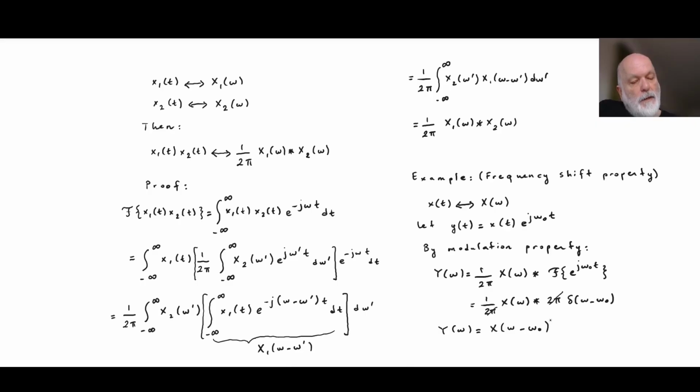So as the name implies, we have a frequency shift. If the Fourier transform of the signal x of t is x of omega, when you multiply x of t by the complex exponential signal e to j omega 0 t, all frequency components are shifted by an amount equal to omega 0.